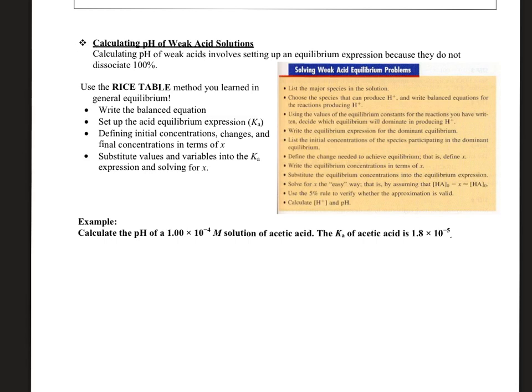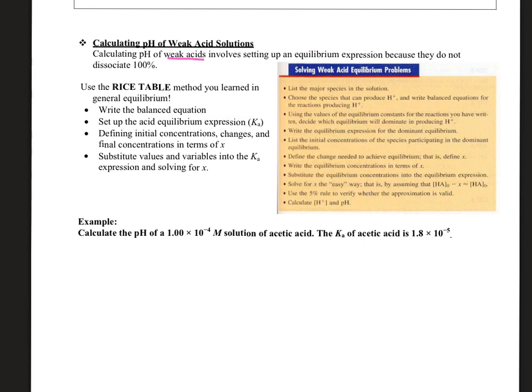So since things are only somewhat dissociating, there is more of an equilibrium expression where we have products over reactants. So calculating the pH when it's a weak acid is going to use an equilibrium expression, which we've practiced. It's more of an application of general equilibrium.